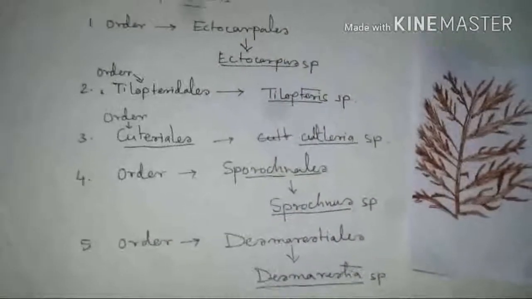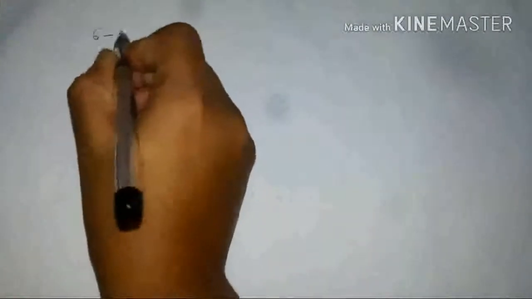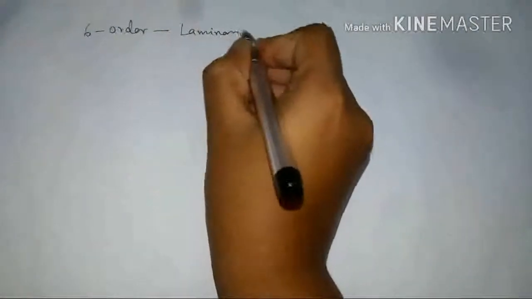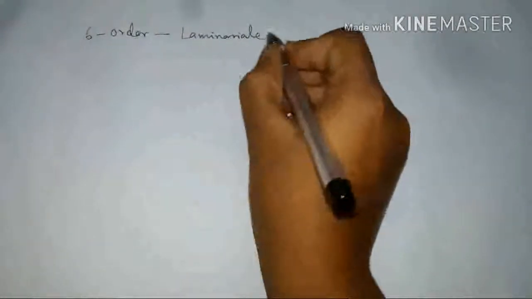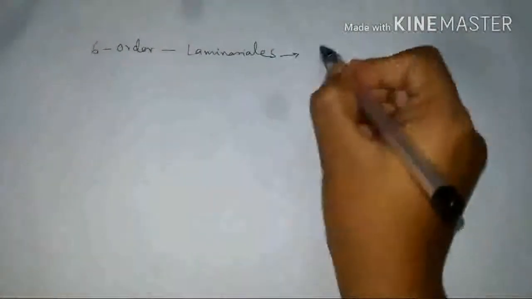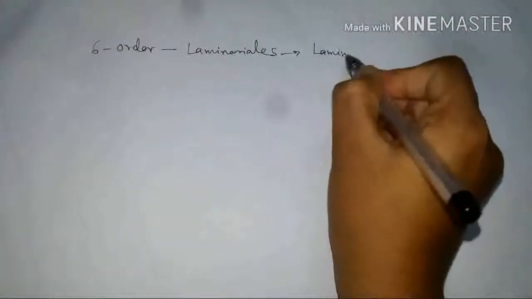Now the sixth order is Laminarialis, and an example of this order is Laminaria algae.